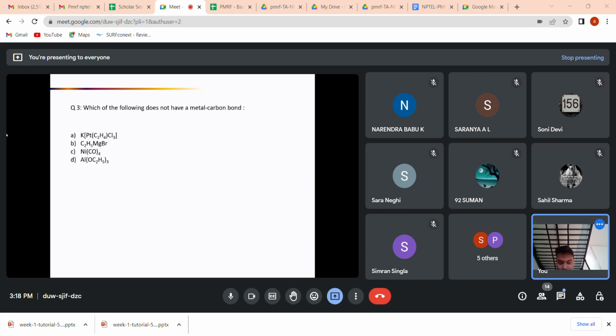So can anybody let me know which one should be the correct option of all these four? Just type in the chat box.